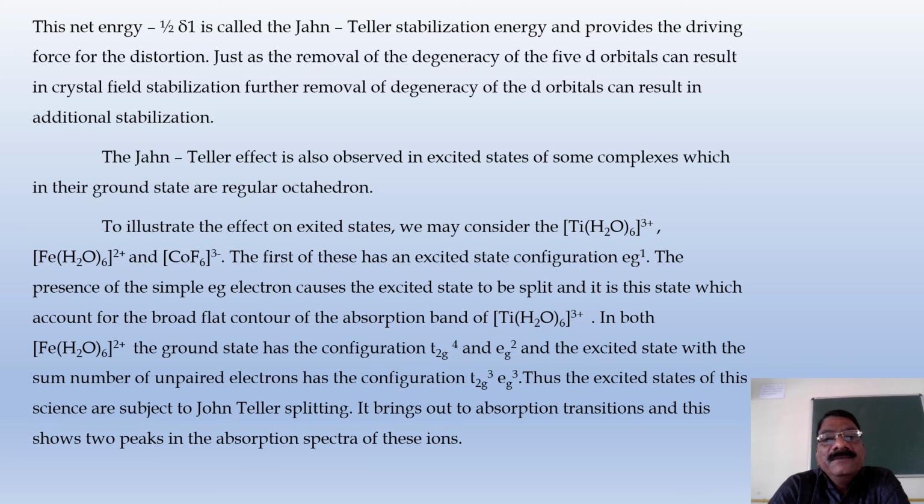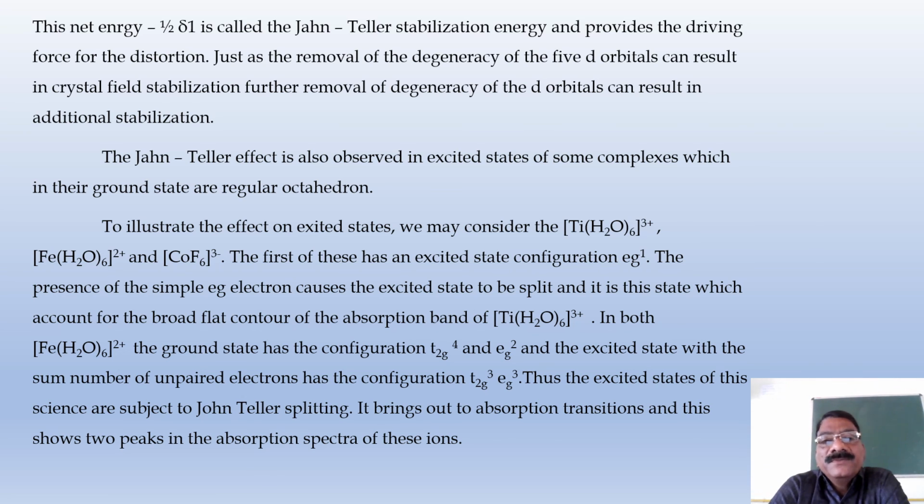The Jahn-Teller effect is also observed in excited states of some complexes which in their ground state are a regular octahedron. To illustrate the effect on excited states, we may consider [Ti(H2O)6]3+, [Fe(H2O)6]2+, and [CoF6]3-.